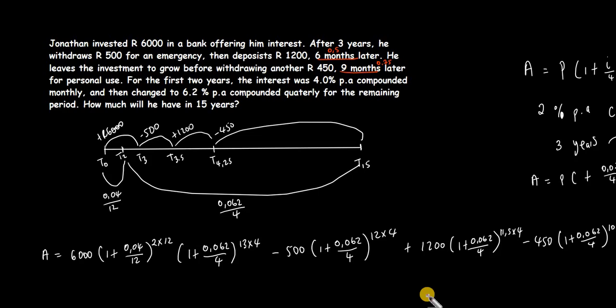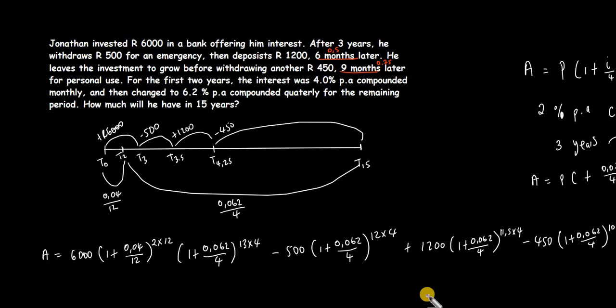Okay, and then 500 into 1 plus 0.062 over 4 to the power 12, 24, 36, 48, right?